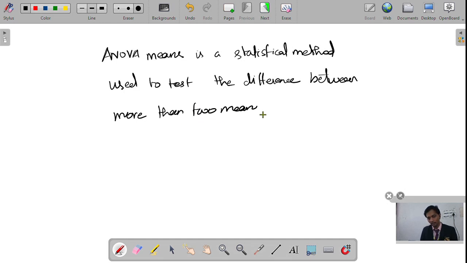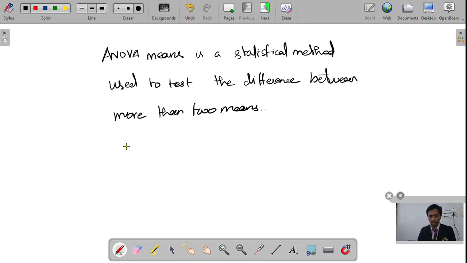This is the basic definition of ANOVA. It is called analysis of variance, and in short, we say ANOVA.